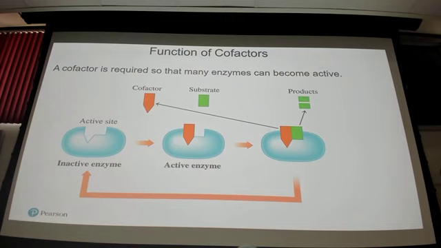So how cofactors work is, here's an inactive enzyme here. A cofactor will bind to an active enzyme which facilitates substrate binding as shown here. And that creates the correct environment for the enzyme to catalyze the reaction and produce a particular product.